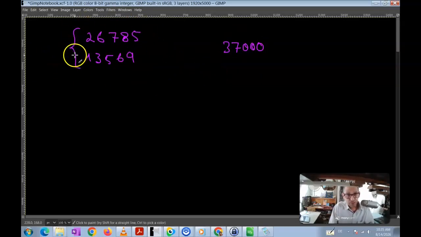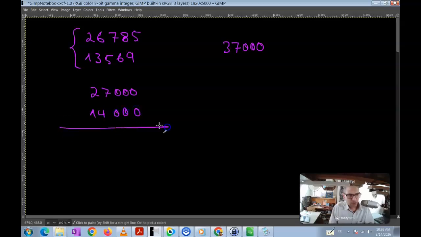Now if I want to round these numbers, almost anybody, looking at these numbers, would round them to the nearest thousands, which would be 27,000 and 14,000, right? And then if I add these numbers together, I will have 41,000 rupees, right?